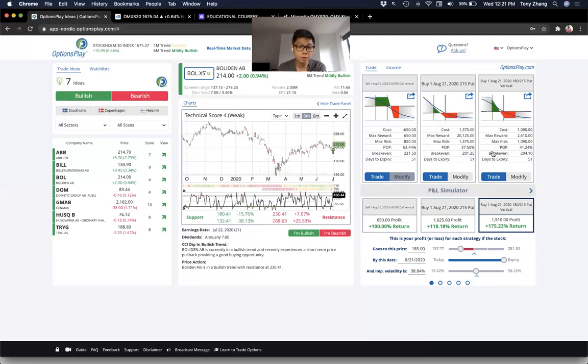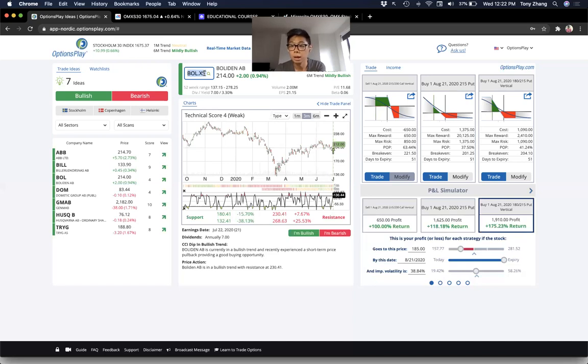So it really depends on how much lower you think BOL can go. If you think it's just going to stay around its equilibrium state around 200 or so, maybe 205, 203, notice how here, if it does stay within that range, you certainly make more money on the credit spread. But if you do think it's going to move to the downside, you're going to get significantly better returns on that debit spread.